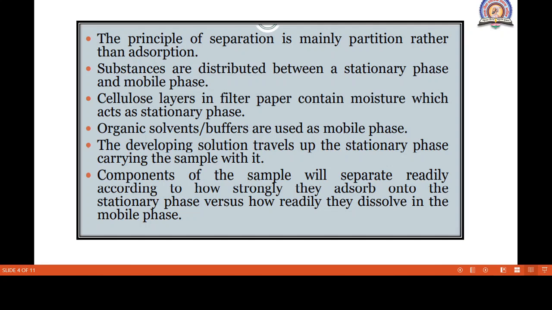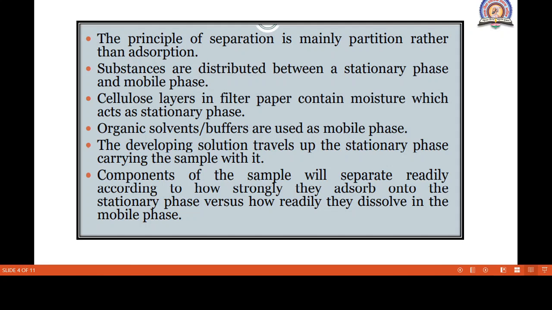Components of the sample will separate readily according to how strongly they adsorb onto the stationary phase, versus how readily they dissolve in the mobile phase. So in the previous lecture we discussed this point. If the components are strongly adsorbed on the stationary phase, they are eluted later, means movement is very less.